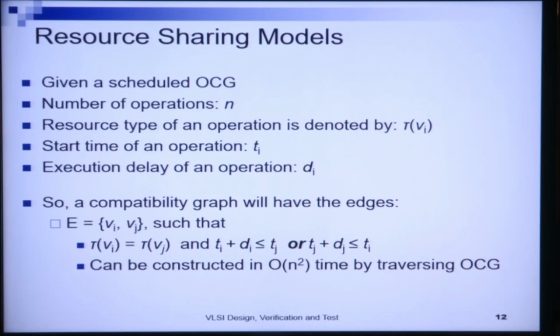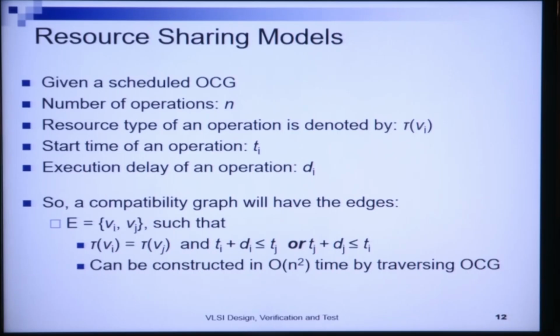So, the compatibility graph will have edges E equal to (Vi, Vj) such that τ(Vi) equals τ(Vj). The first term tells me that τ(Vi) and τ(Vj) must be the same. That means Vi and Vj must be executable by the same type of resource.